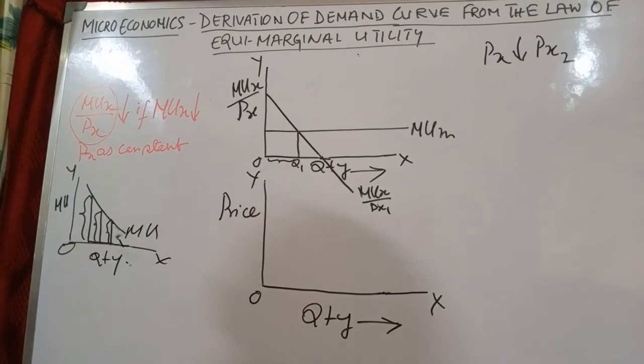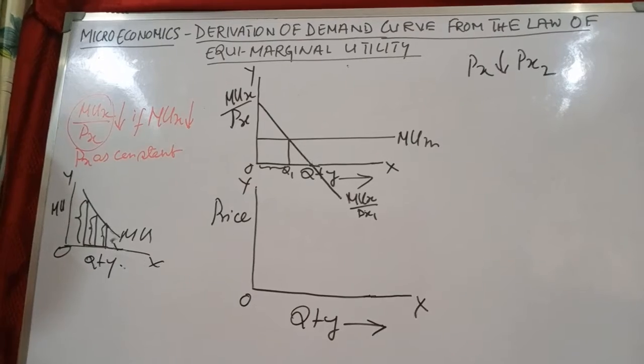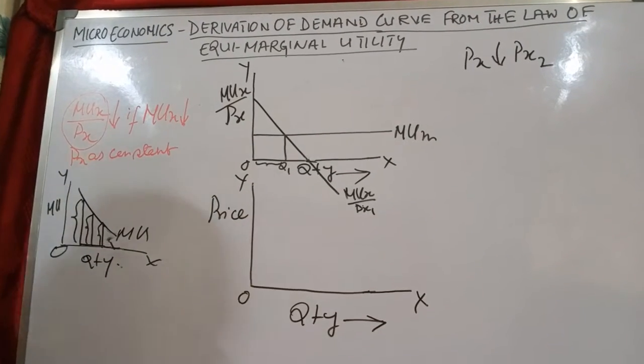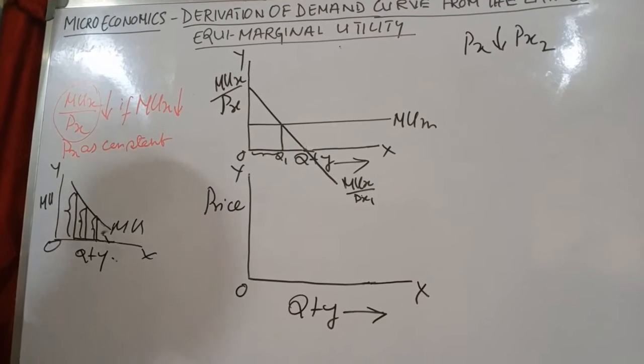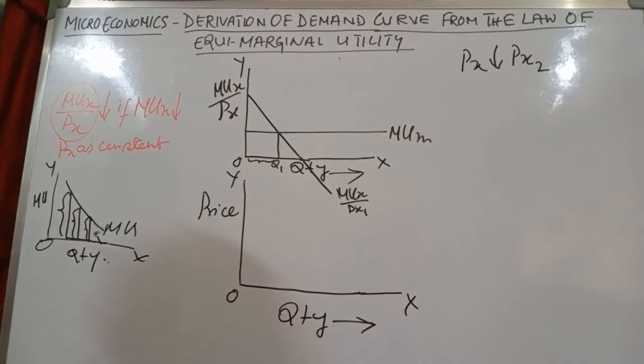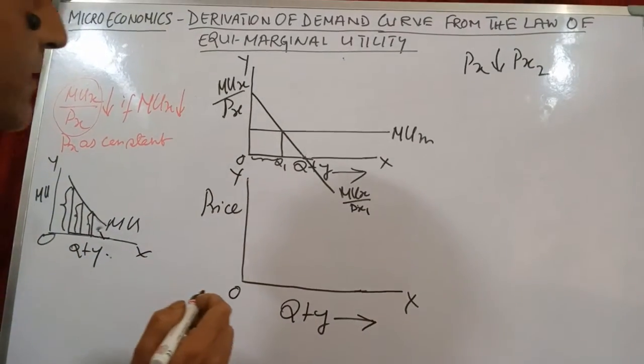and as a result the consumer will purchase more of the commodity, that is the consumer will purchase more of x, and as the consumer consumes more of x, MUx comes down. Correct?